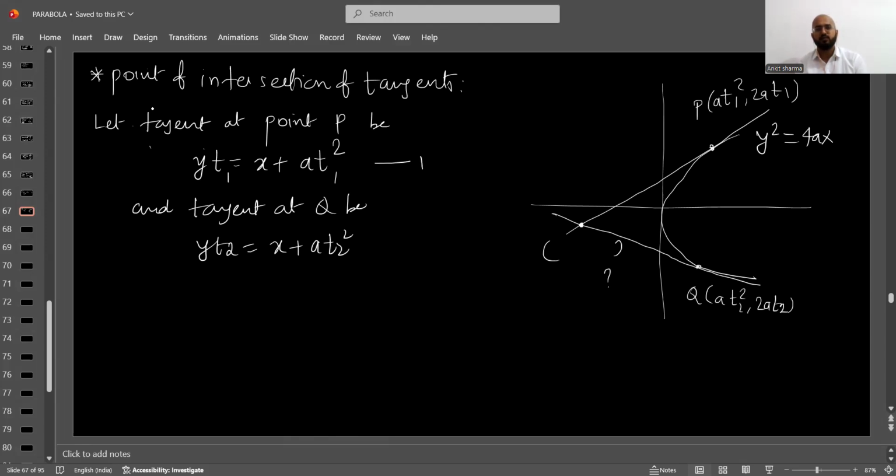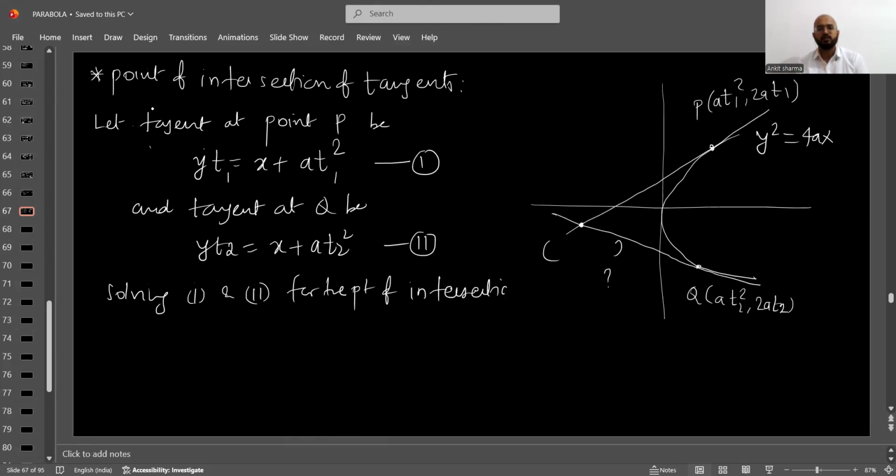To find the point of intersection, we need to solve both these equations, 1 and 2. So I'll be subtracting them. This is y into t1 minus t2, and I can see that x gets cancelled.